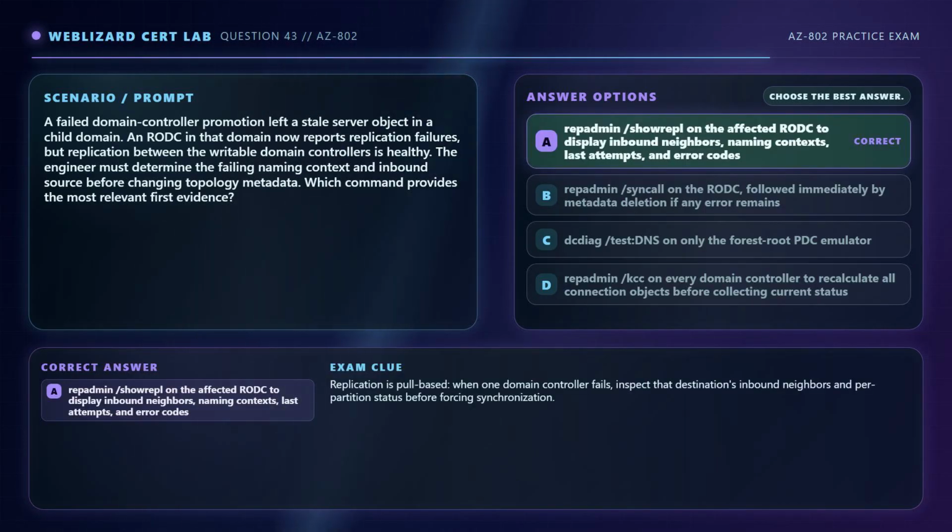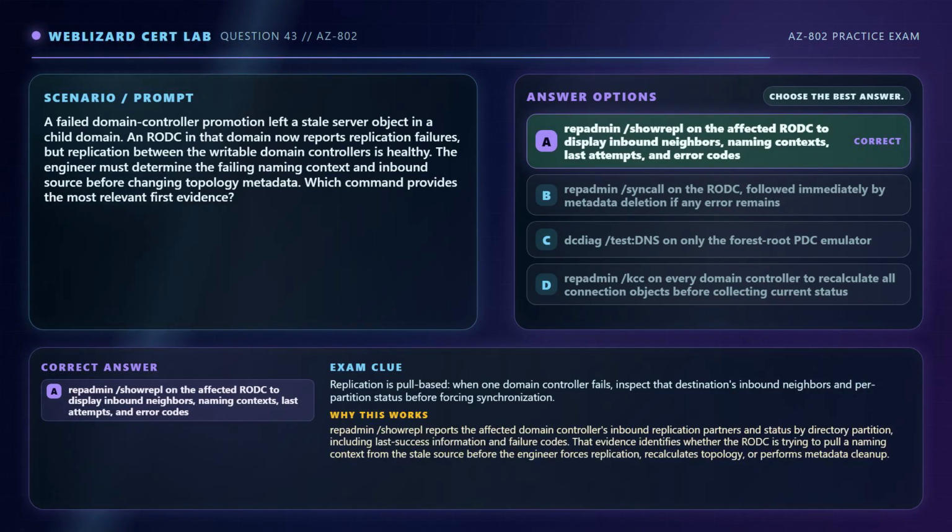The correct answer is A, repadmin /showrepl on the affected RODC to display inbound neighbors, naming contexts, last attempts, and error codes. repadmin /showrepl reports the affected domain controller's inbound replication partners and status by directory partition, including last success information and failure codes.